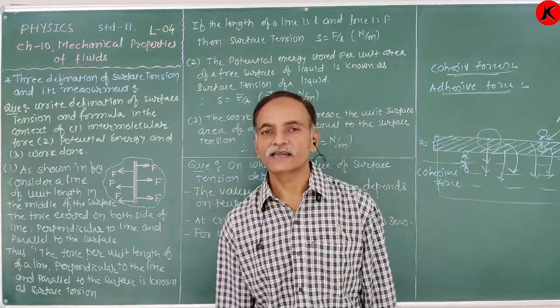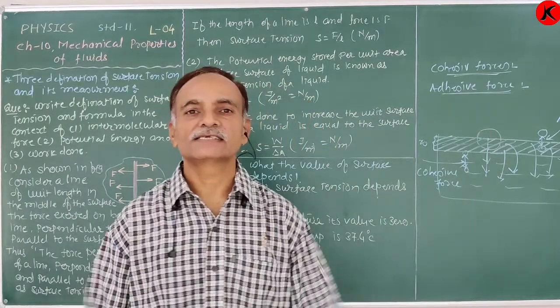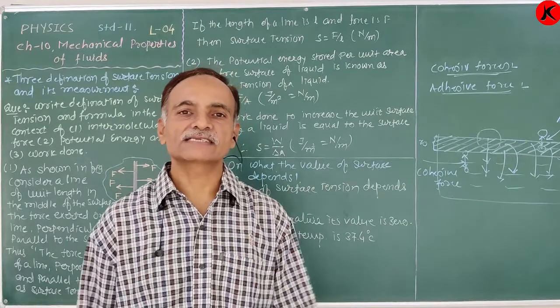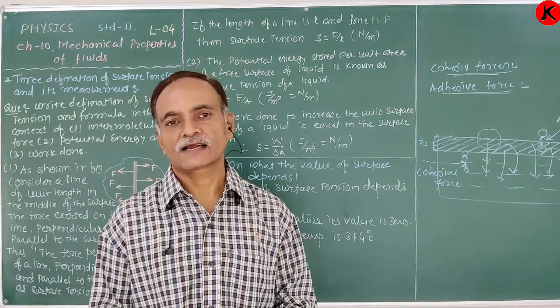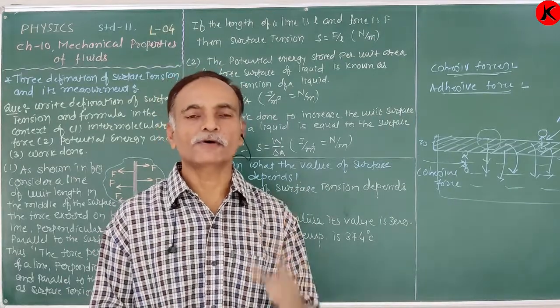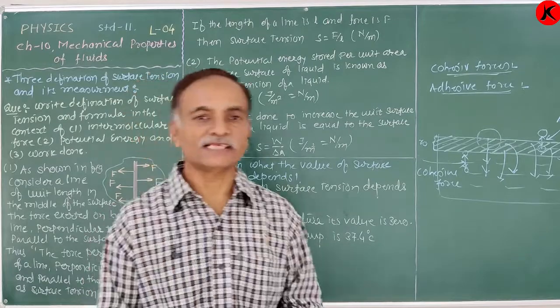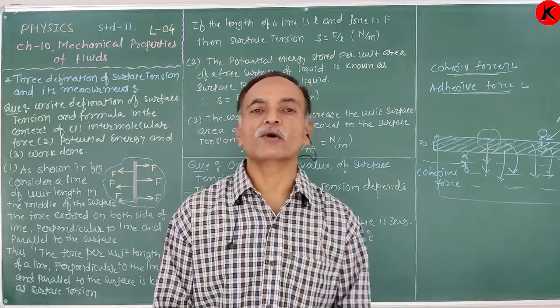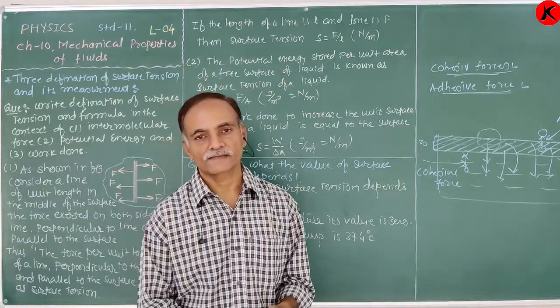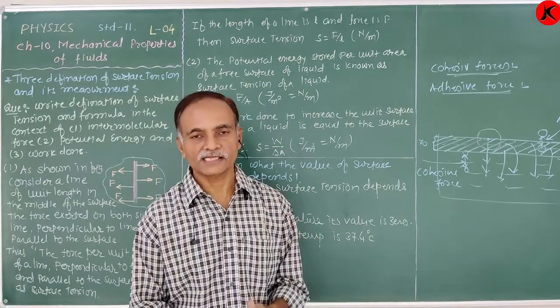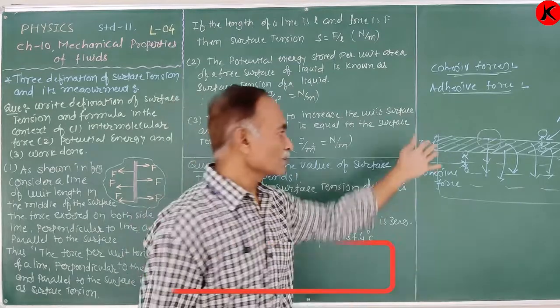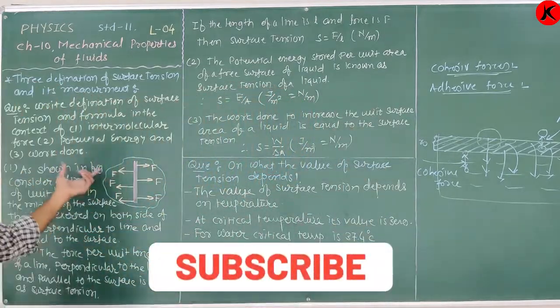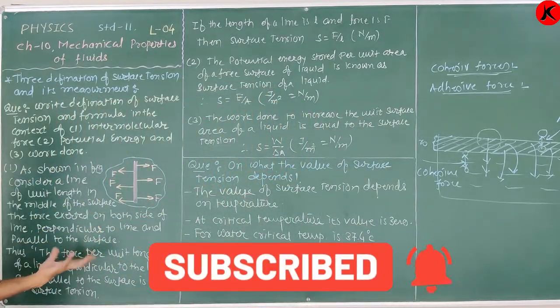Due to that reason, this surface behaves as elastic, and therefore surface tension is produced on the surface between the molecules of the fluid. Clear this? Okay. So on the basis of this, we are going to define surface tension.